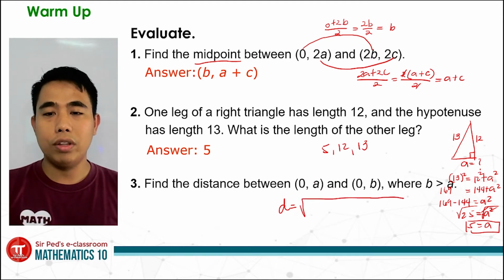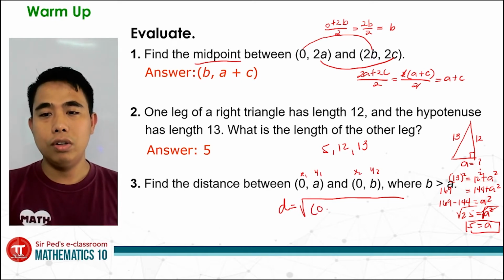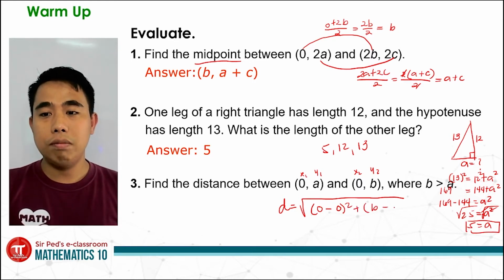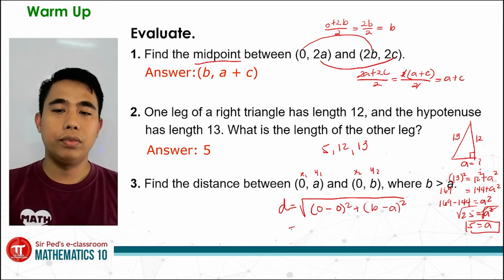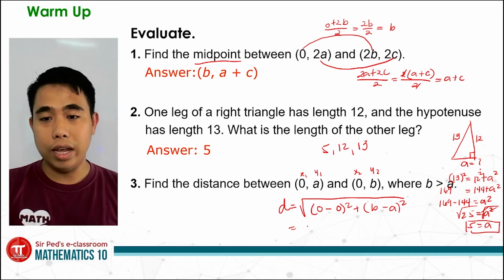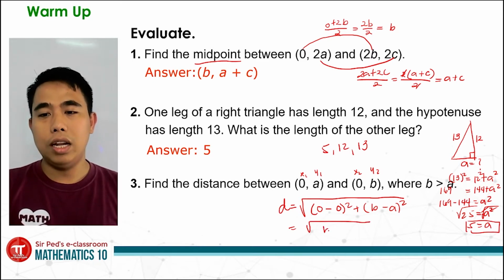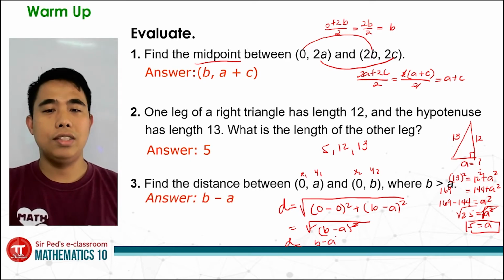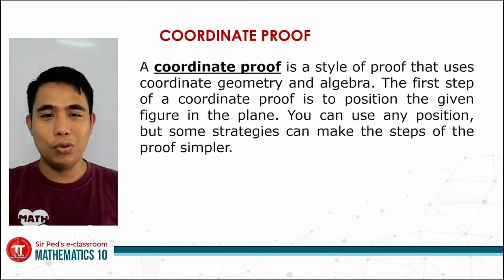That is the square root of, this is your x1, y1, x2, y2. So x2, 0, minus x1, 0, squared, plus y2, b, minus a, squared. So 0 minus 0 squared is 0. What remains is b minus a, the quantity squared. We cancel that, and the distance is equal to b minus a. So that's the distance. So we're done.